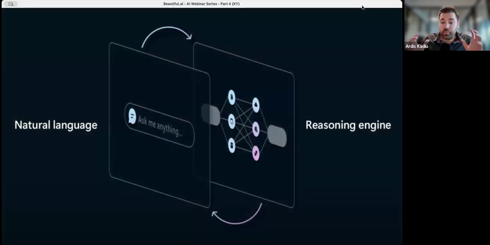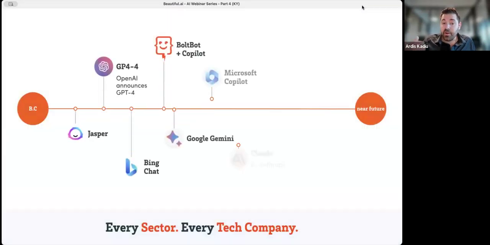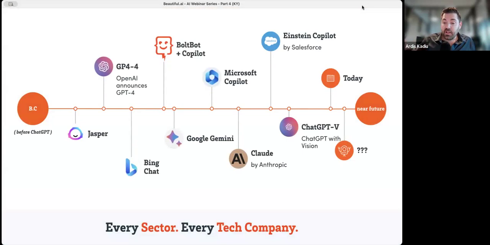Now when you put those two pieces together, natural language interfaces and a reasoning engine, with large language models being a reasoning engine in the background because they're trained on so much data, we can think about how interaction with technology and applications will look in the future, where every sector and every technology company is injecting this new mode of working with our tools.